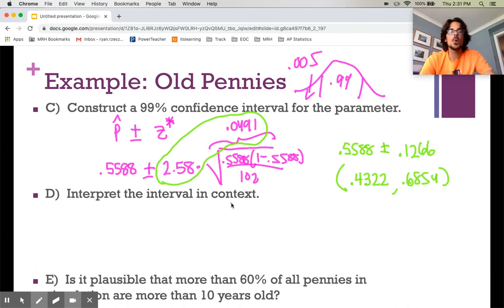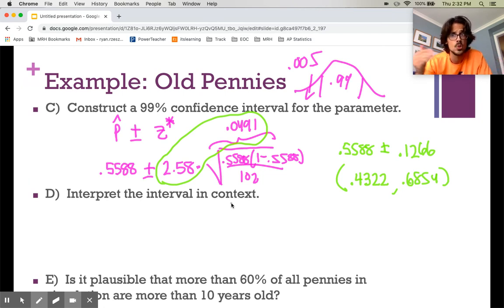So we have to interpret this interval. I will pause to actually write it to save you the trouble of watching me write it, but let's talk about what this says. We practiced our script in the last section. This is where we say that we are 99% confident that the true proportion of pennies in circulation that are greater than 10 years old is somewhere between 43% and 68%. 43 to 68% is a pretty big range, but like I said, our sample wasn't that large.